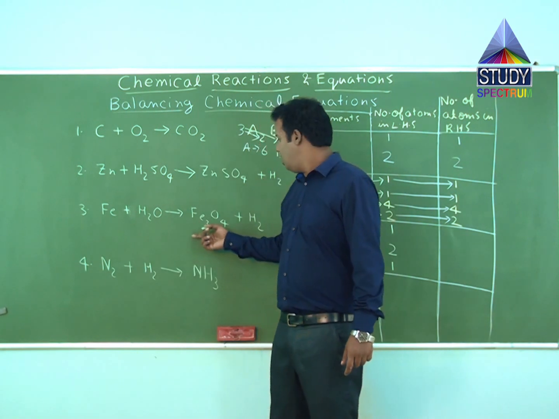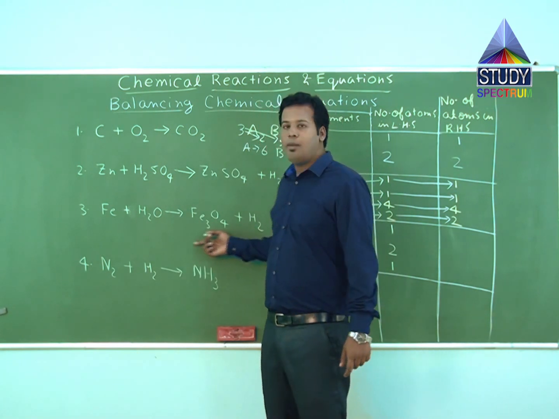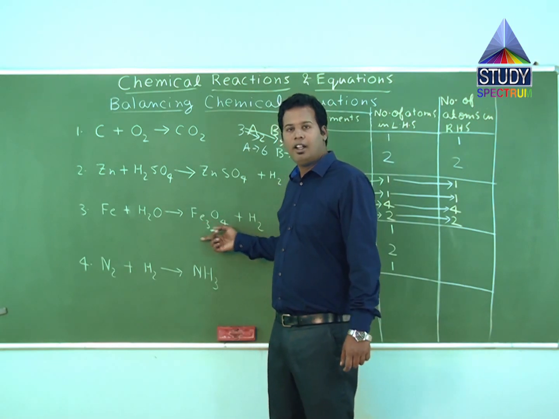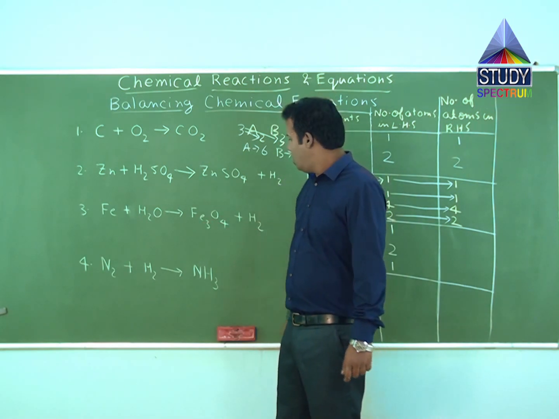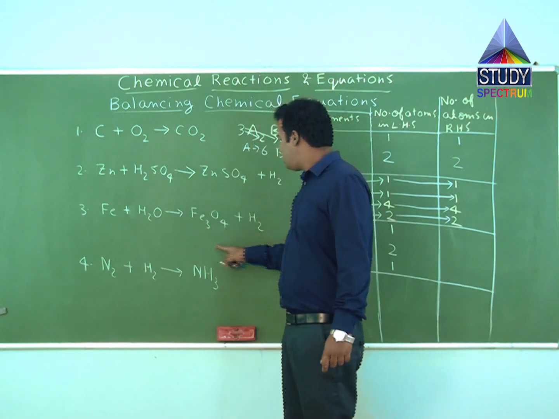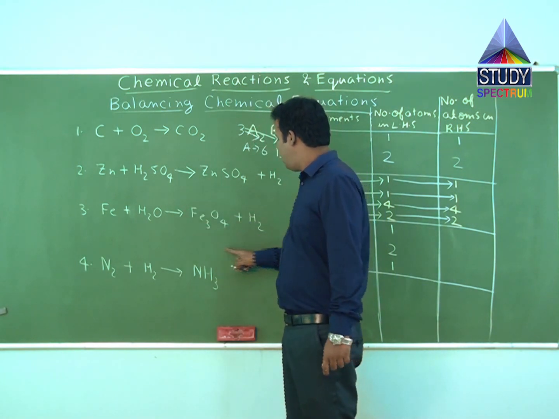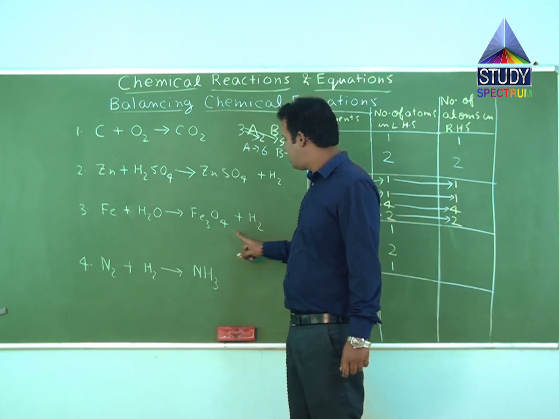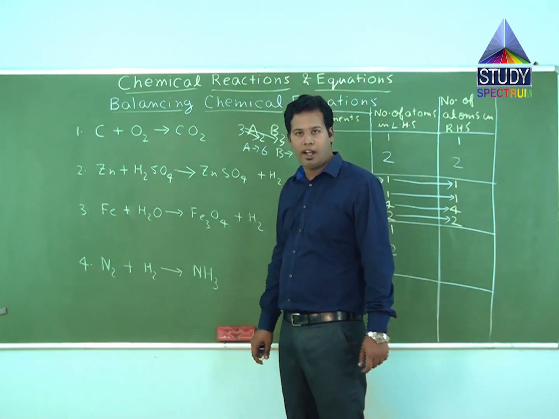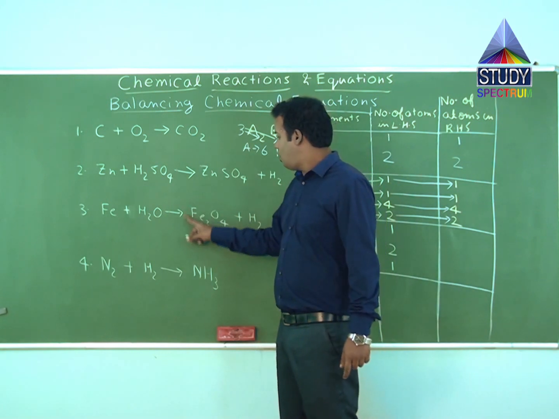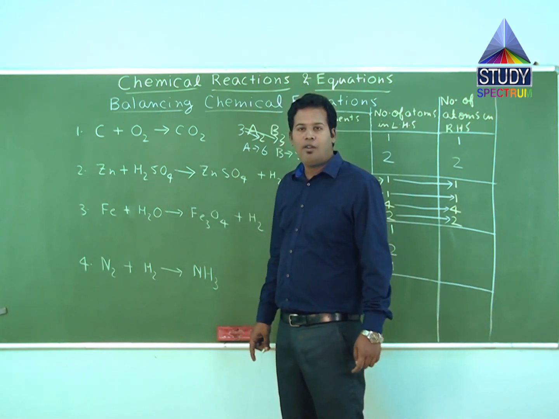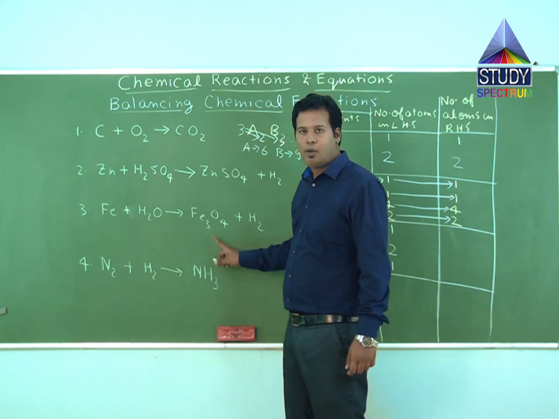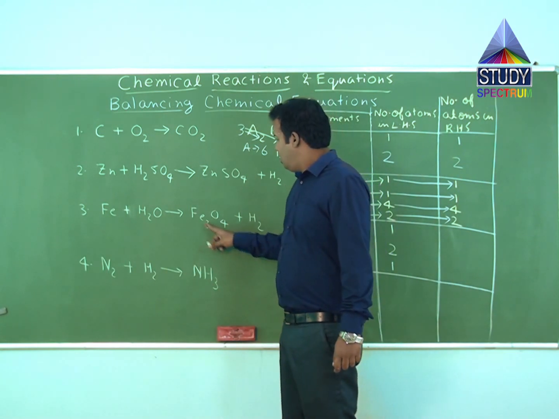Now let us see whether the number is coming out to be the same for the number of atoms of each element in RHS or not. Now, if we talk about iron as the first element in RHS, we can see that iron is present only in the first product, but it is not present in the second product. Correct? Now, let us count how many atoms of iron are there in the first product.